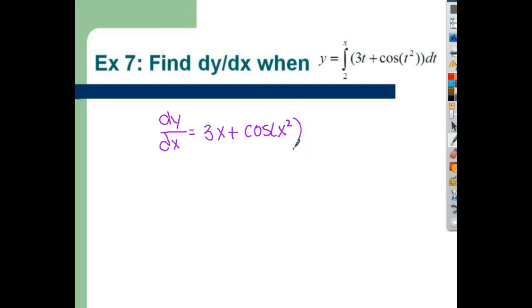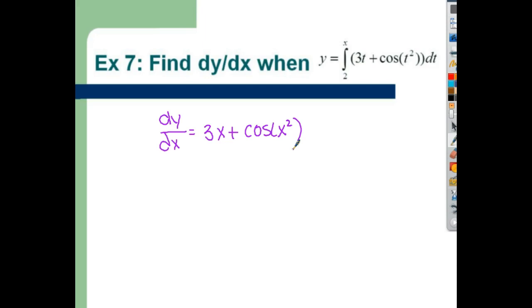The derivative of the antiderivative is all of that, and everywhere you had a t, you have an x. No plus c. That's key.